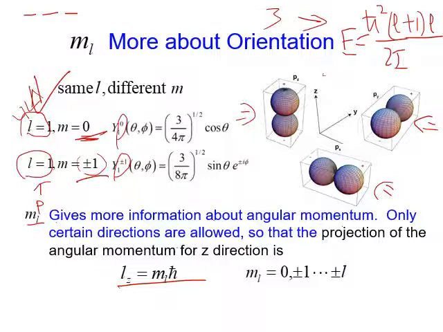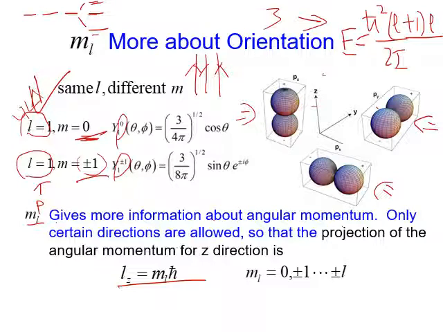They are degenerate. However, if you apply a magnetic field in one direction, then because these 3 wave functions have different orientation, they interact with the external magnetic field differently, and therefore now the energy becomes different. So they separate. They have different energy now.